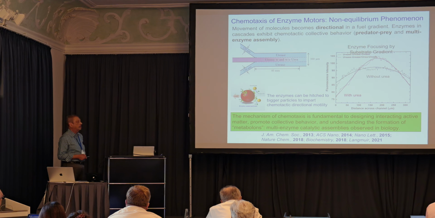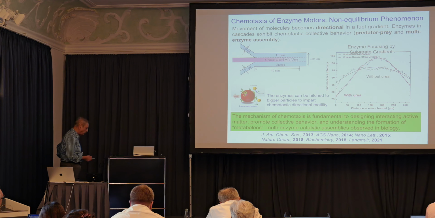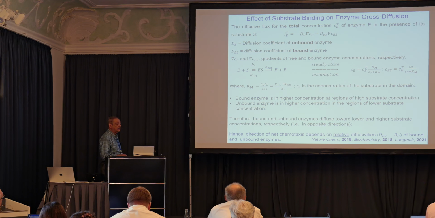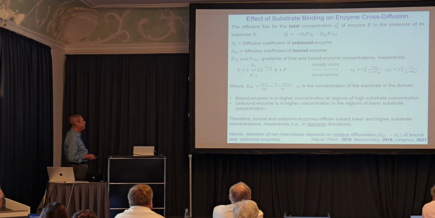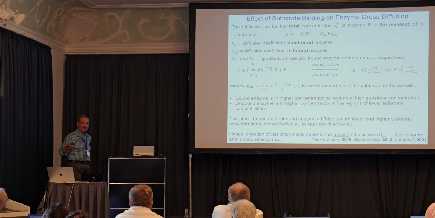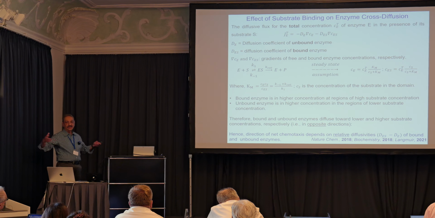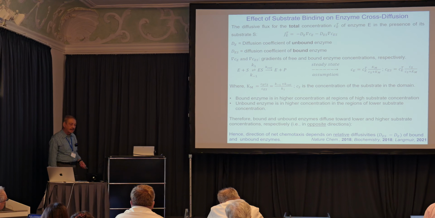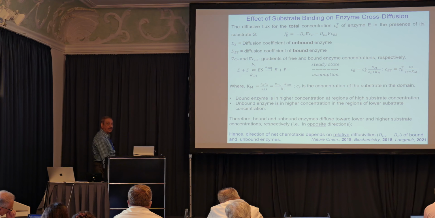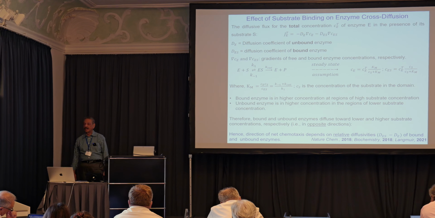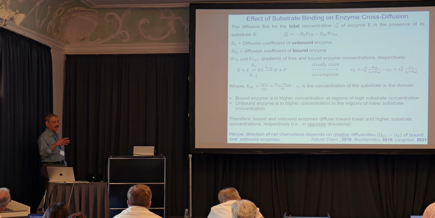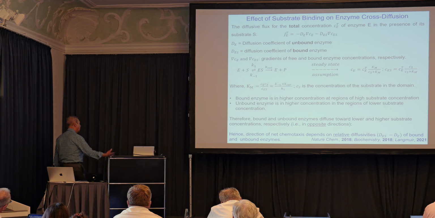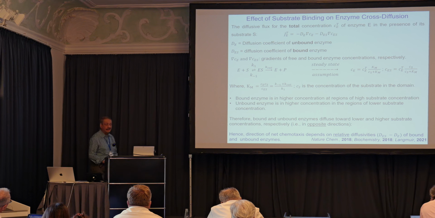How does this happen? Well, the simplest case is when you have an irreversible reaction. In this case, if you have a gradient of substrate, of course, the enzyme will bind to the substrate. And where the substrate gradient is higher, there'll be more substrate-bound enzyme, and where the substrate concentration is lower, there'll be less substrate-bound enzyme.